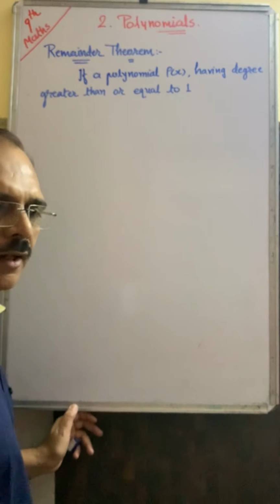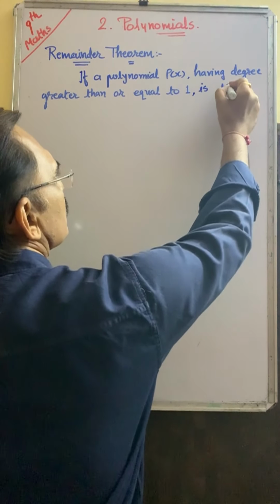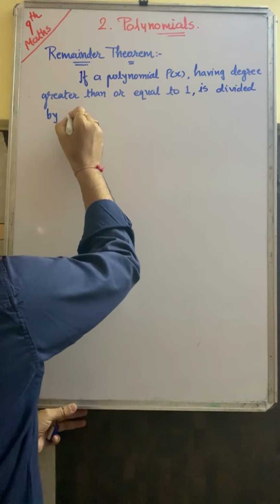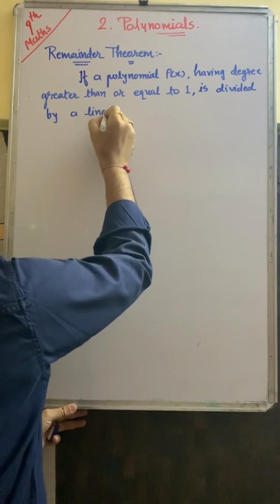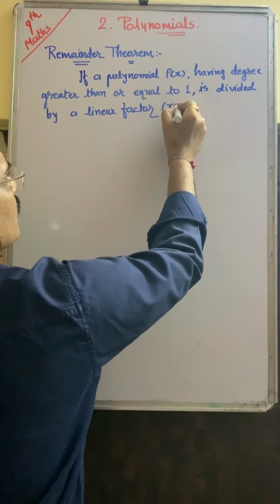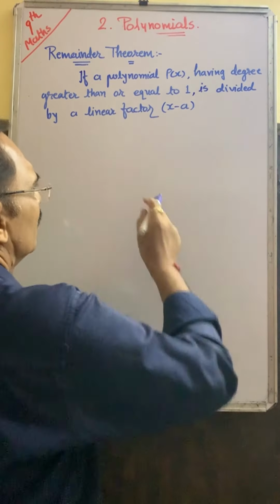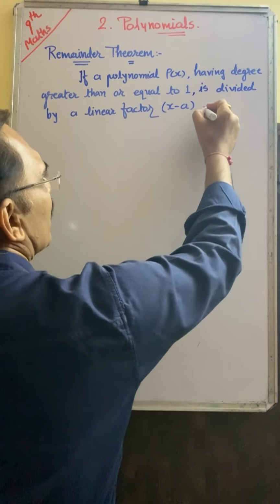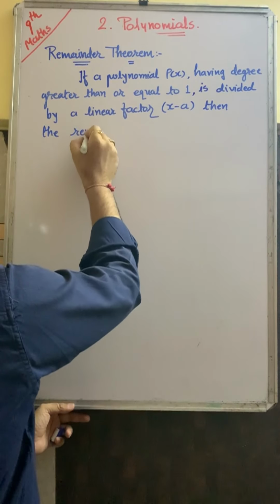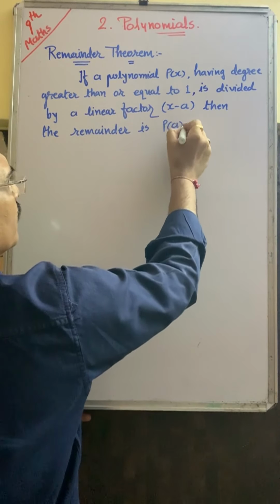So if a polynomial having degree greater than or equal to 1 is divided by a linear factor x minus a, suppose linear factor maybe x plus a, etc. So if it is divided by linear factor x minus a, then the remainder is p of a.